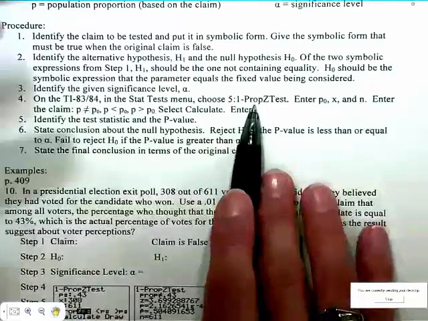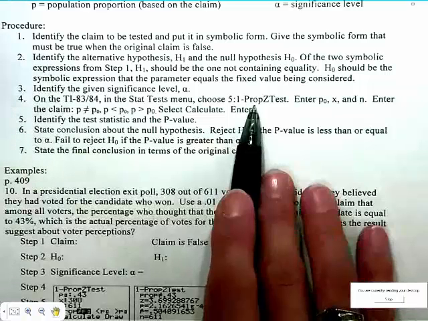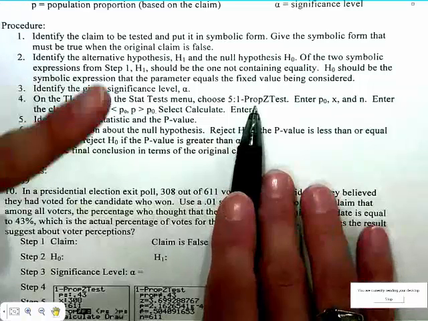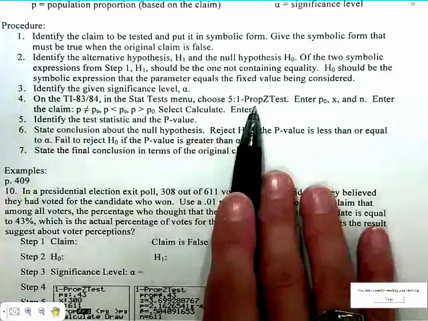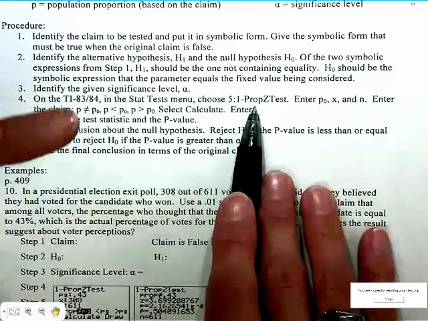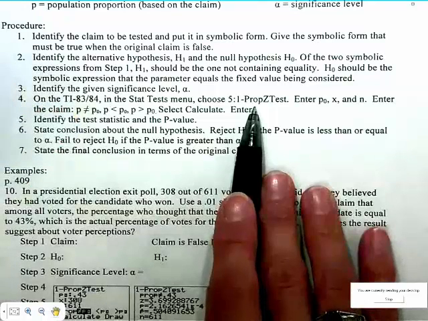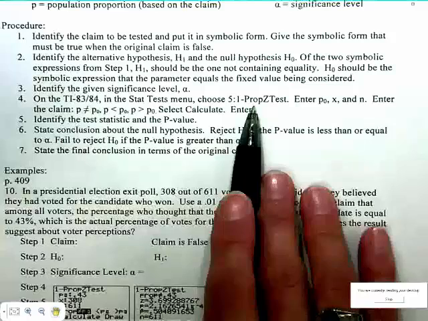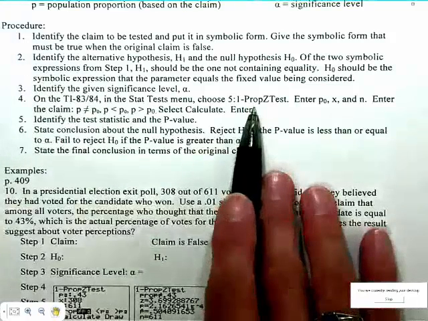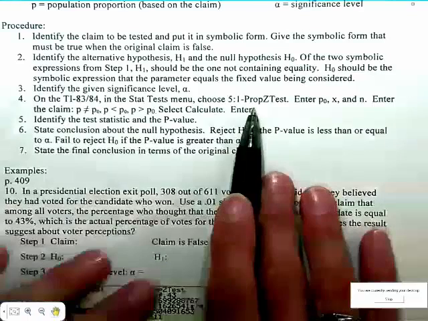Now, if the problem says find a confidence interval for the population proportion, that was one prop z int. The prop was proportion and the int was interval. We're not finding a confidence interval now. We're doing a hypothesis test for proportion, so find one prop z test.